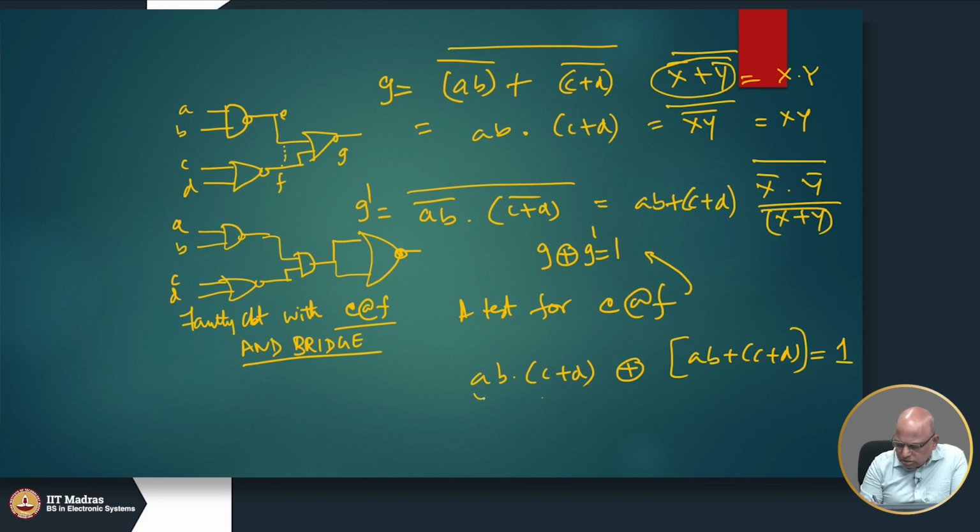Let us try making AB dot C plus D be 1. For that A must be 1, B must be 1, and then C plus D equal to 1. So let me try C equal to 1 and D equal to 0. This will make this 1.